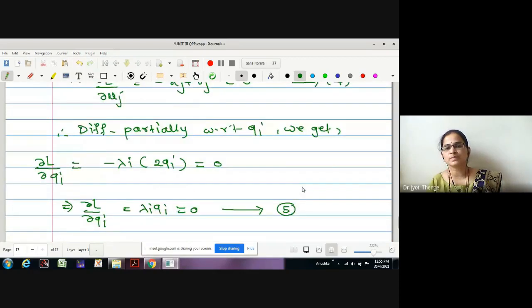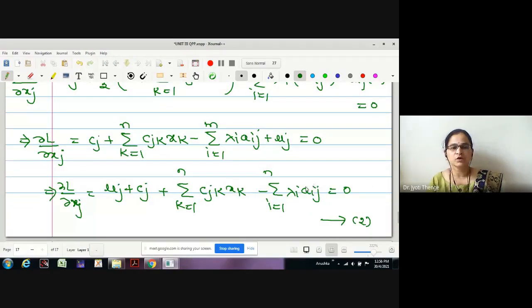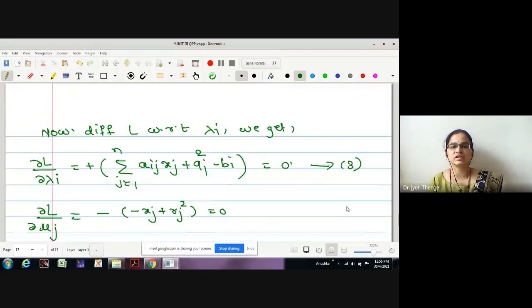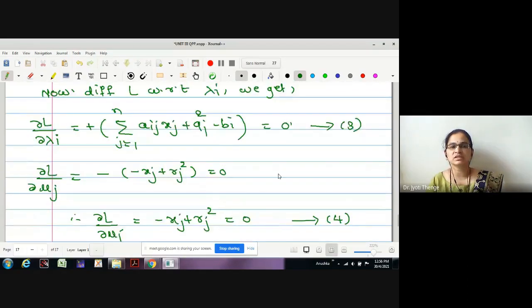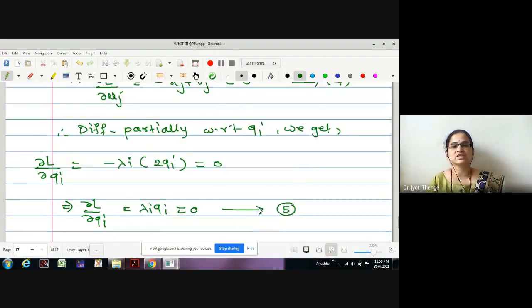Okay. Now let us observe all the equations we have found from the starting. Equation number 2, is it a linear equation in the variables? Yes, this is a linear equation in variables. Equation number 3, original objective function, linear in the variables. Now equation number 4, non-negativity constraint, linear in xj.